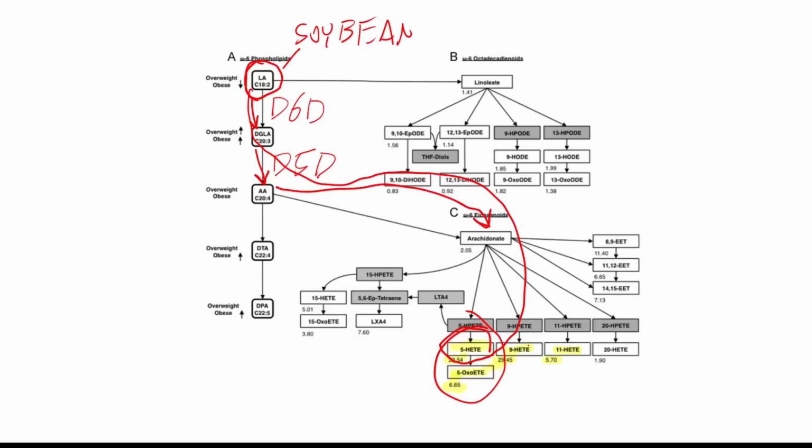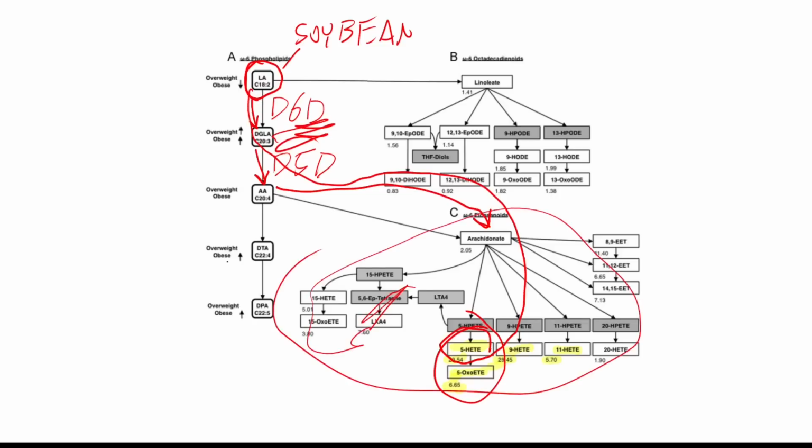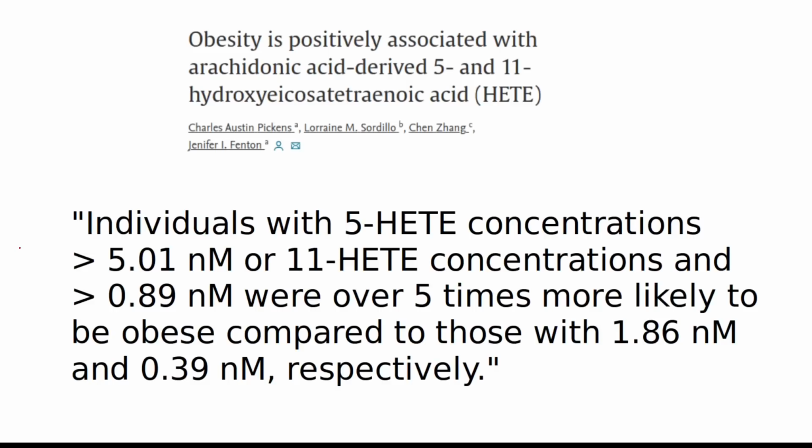And when you see that increase in the 18:3 n-6, which is the D6D index, that means that the first step in this process, the rate-limiting step in this process, really is delta 6 desaturase here. And so when the activity of this goes up, you know that all of these things are going to be higher, right?